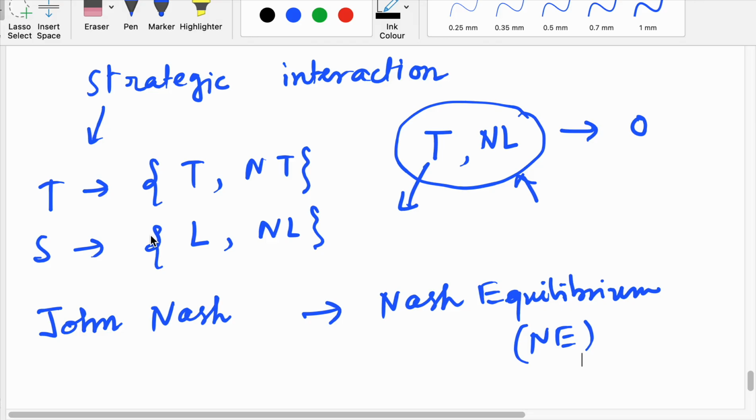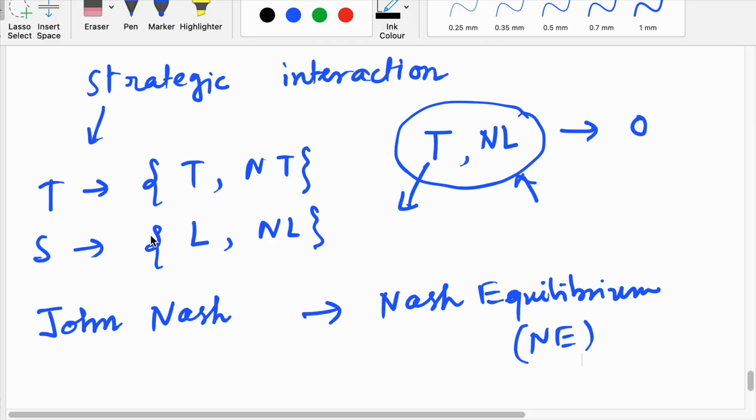Yeah, we will see the definition of Nash equilibrium exactly. You are right. When we introduce mathematically the idea of Nash equilibrium, you will see the definition.